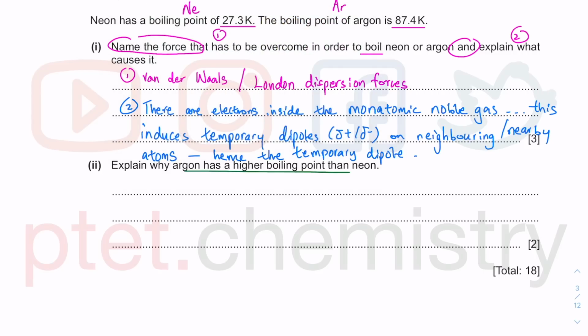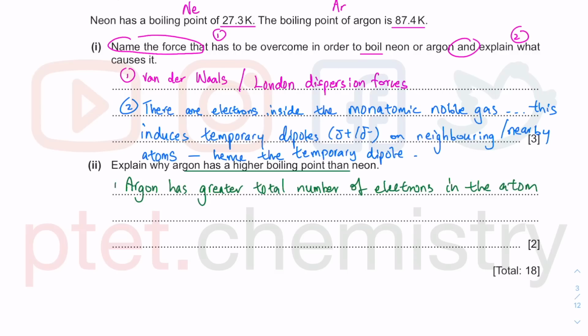Argon has a higher boiling point than neon. That is a result of argon having a greater total number of electrons. You will see that there are 2 marks. So greater total number of electrons in the atoms. So the van der Waals forces are stronger. But that is factor number 1. There is also a second factor, which is to do with surface area.